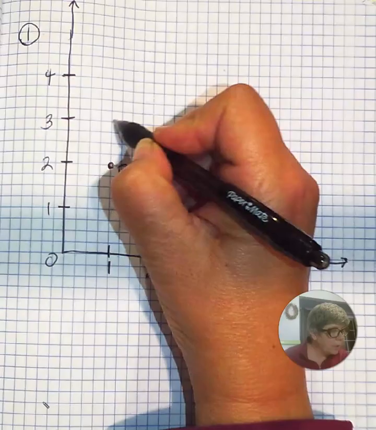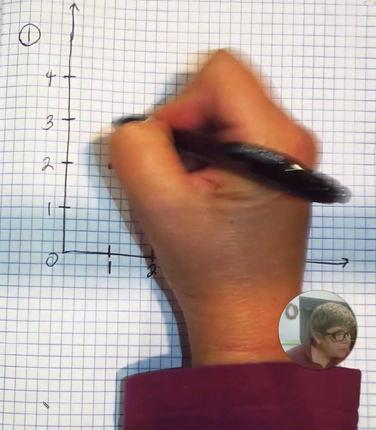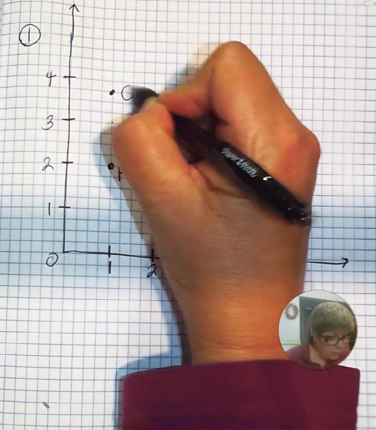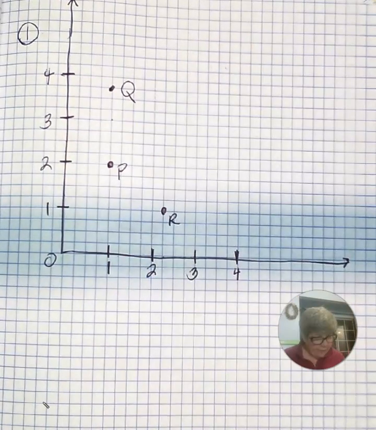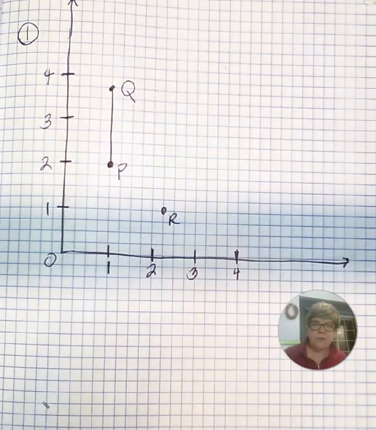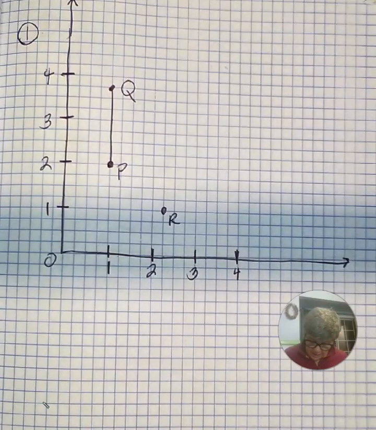So I'm going to go 1 and then 3/4, 1, 2, 3/4 units, and I'm going to put my Q there. And then I know it said use a straight edge, but I just drew on the line.